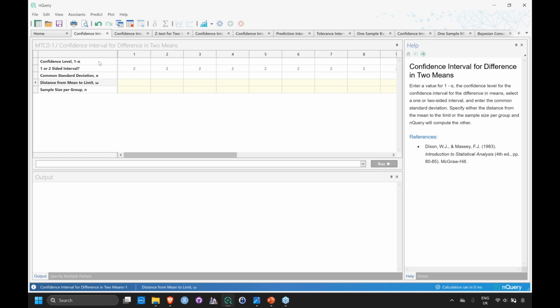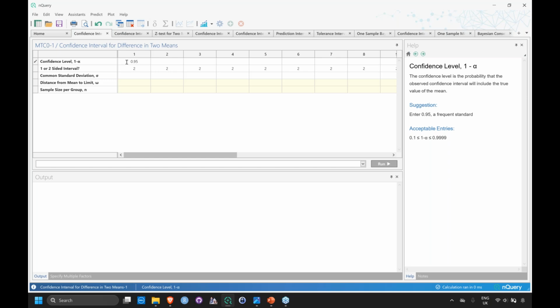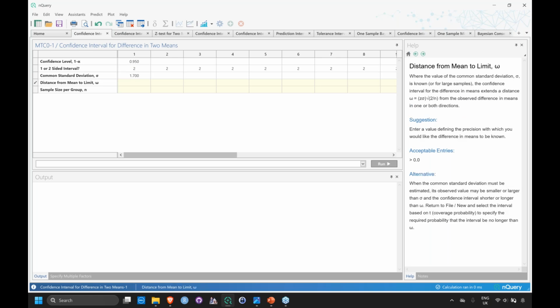And then each row has its own individual help card, which again gives an introduction along with some suggested values and acceptable entries. So let's replicate the original trial here. We want a 95% confidence interval, so the confidence level is 0.95. It's two-sided, the standard deviation was 1.7. Now we want to specify the distance from the mean to the limit. In other words, this is the half width of the symmetric confidence interval. And our target here was 1.5 milligrams per kilogram per minute, I think it was measured in.